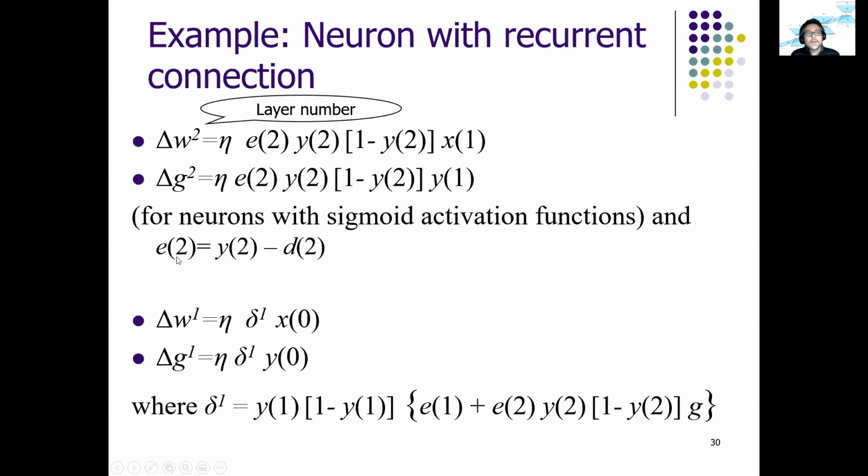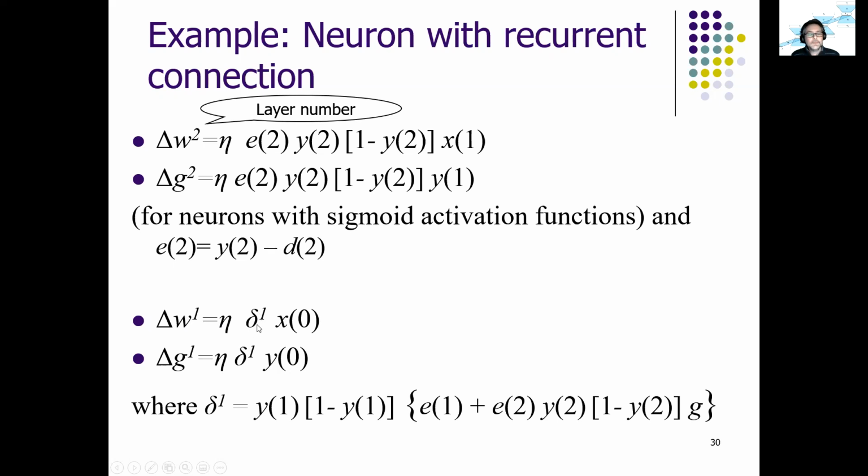And we use the error in this case, which is the difference between the output of the node and the desired output. And here are the weights of the first layer, delta W1, delta G1. Again, the learning rates. These are the inputs, this is the input of the node, and this is the initial activation of the node.